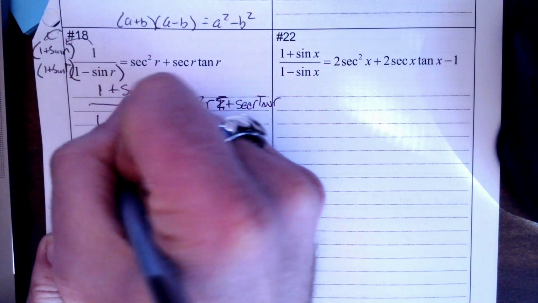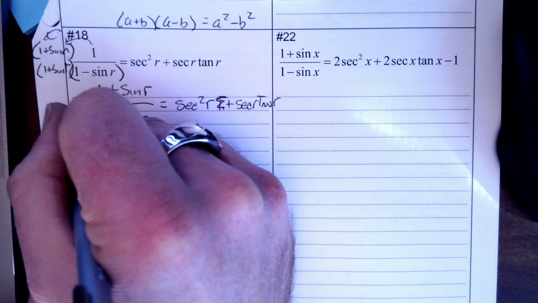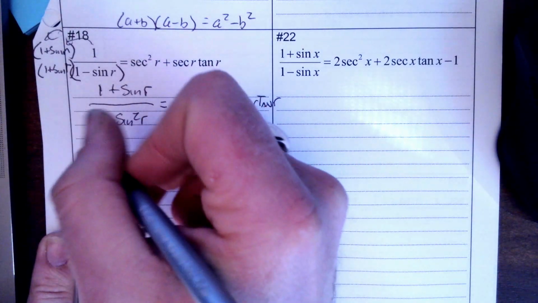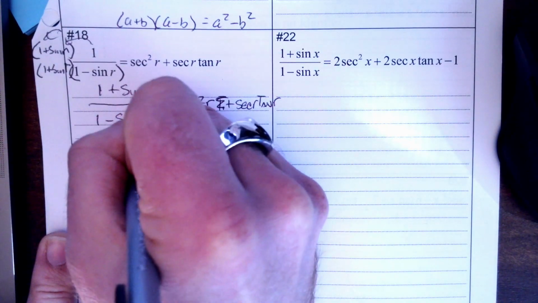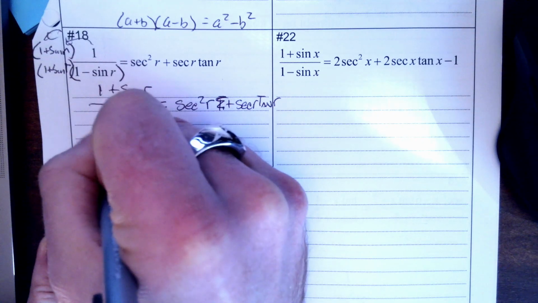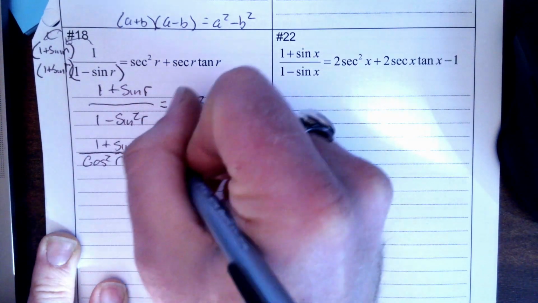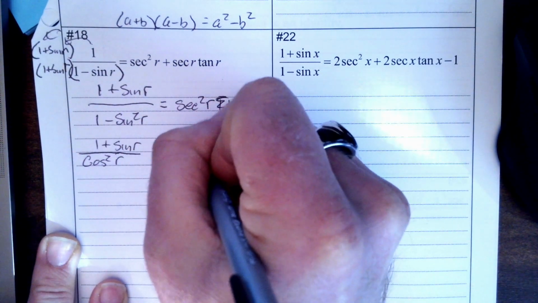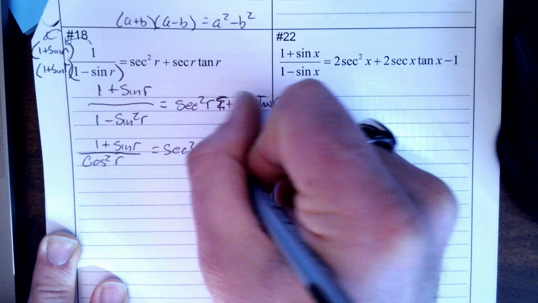So we can turn this again into 1 plus the sine of r over the cosine squared of r. Still equals the same stuff on the other side.